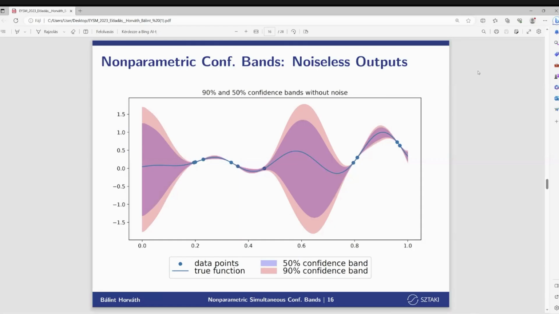Maybe this one. If you share it again. Oh, let me share again. Can you see it now, maybe? Yes, it was precisely this figure, right? So you basically ask why is it so tight in one part and so wide in the other part? Why the differences? Yes.